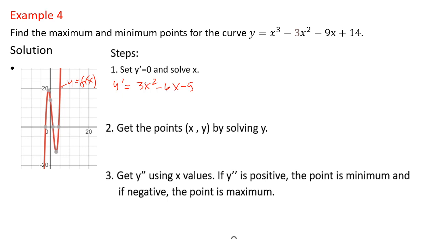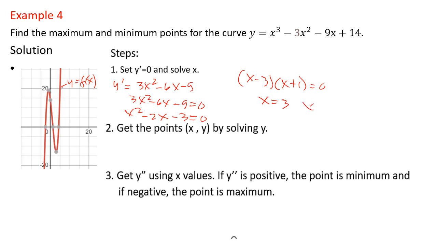Put this to 0, so 3x squared minus 6x minus 9 equals 0, or x squared minus 2x minus 3 equals 0. Solve for x: x minus 3, then x plus 1 equals 0. So x equals 3, then x equals minus 1.